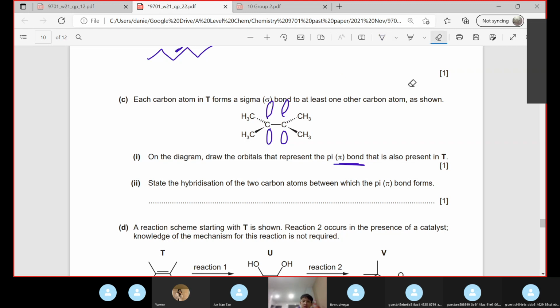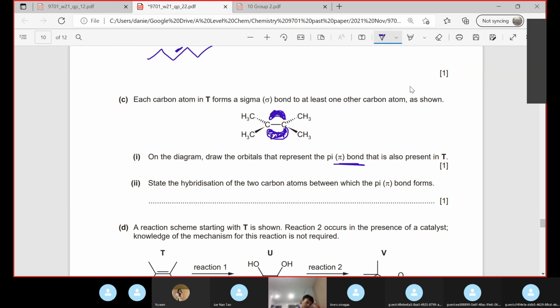So over here, usually we draw it something like this, then usually we will darken it, or you shade it. Overlapping upside down, overlapping laterally.